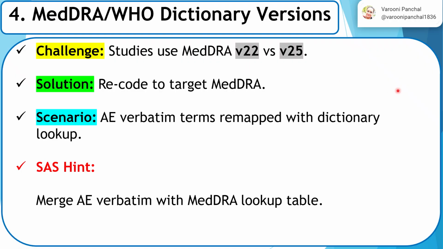These scenarios will come up when you are working with such a large and huge database. In those scenarios, you can seek the approval of the sponsor, or you can seek the approval of the ethics committee as to how to deal with such version numbers and how to ensure that the coding is done properly.